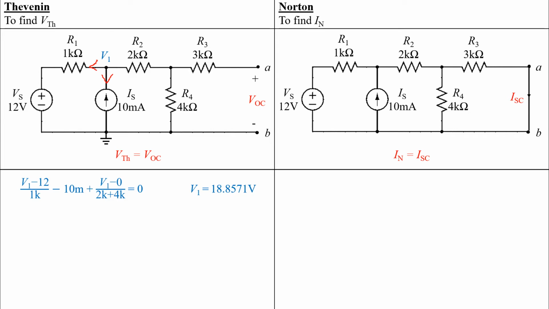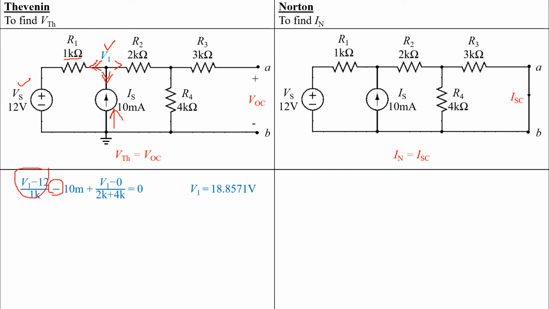At node V1, there are 3 currents flowing out: one to the left, another one downwards, and another one to the right side. The current flowing to the left is (V1 minus 12) divided by 1K. The current flowing downwards is equal to negative 10 milliamperes, because IS is positive upwards.